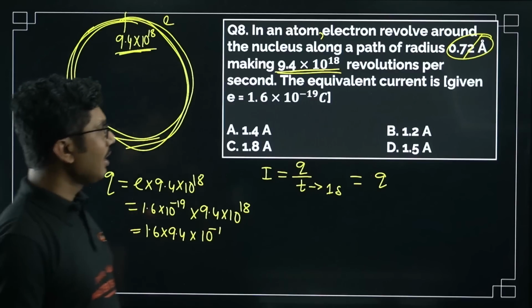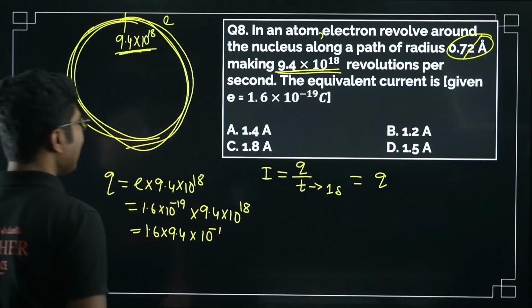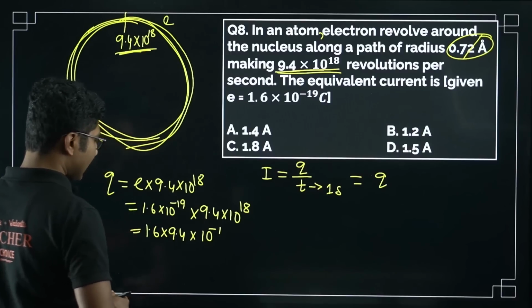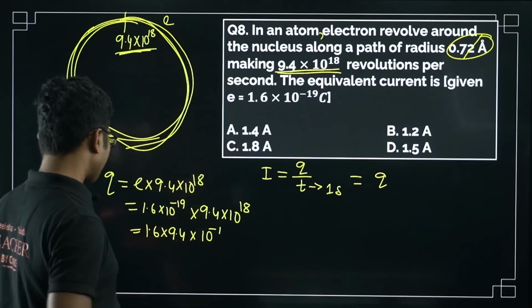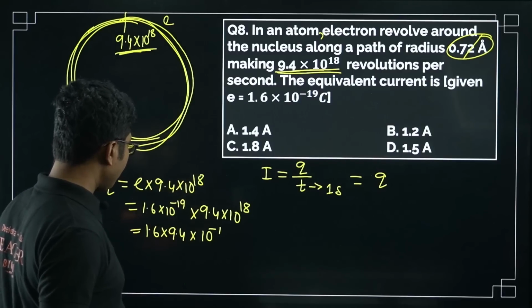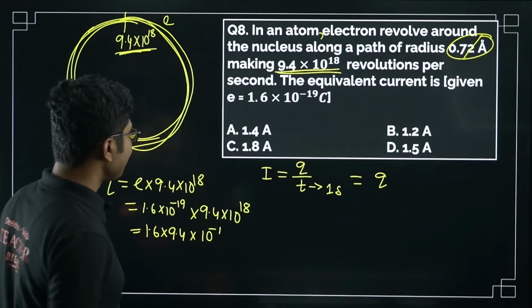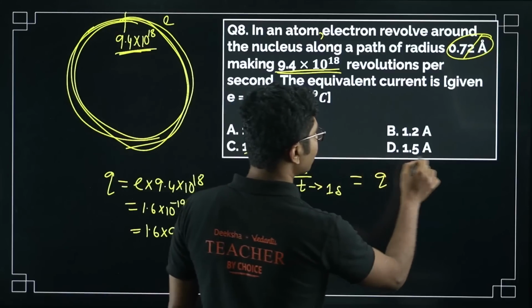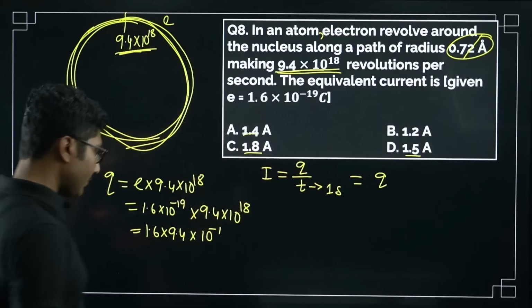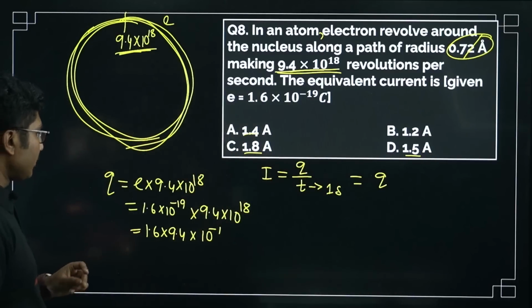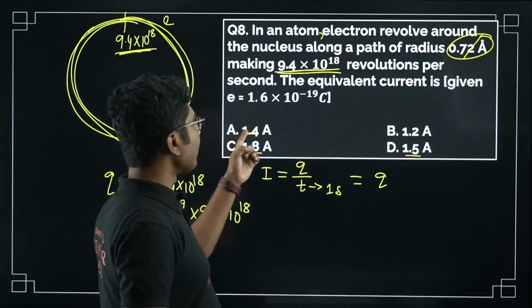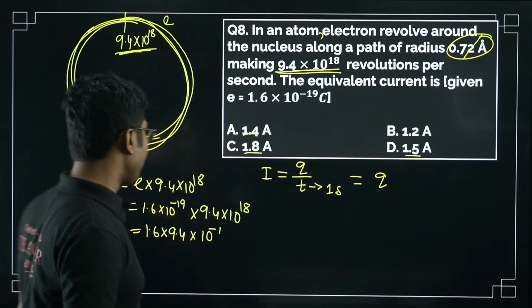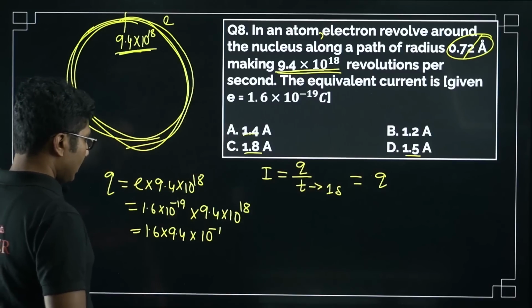Now for the simplicity, we have to do the mathematics anyway, because if I do the approximation, all the options are very close. Okay, all the options are very close. So it will be less than 1.6, no doubt about it. So either 1.4 or 1.5 or 1.2 is the answer. Let's check.